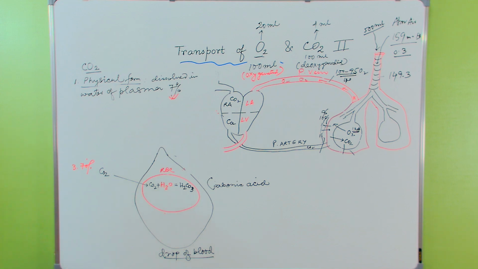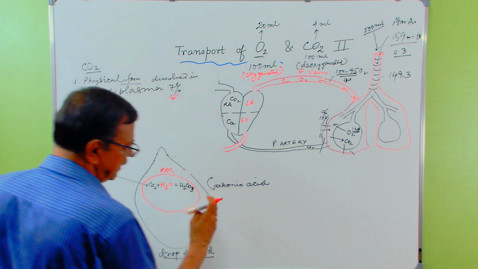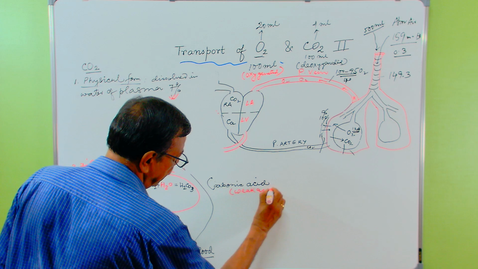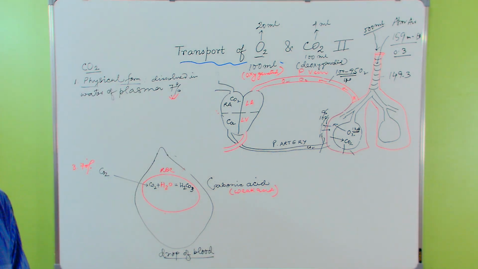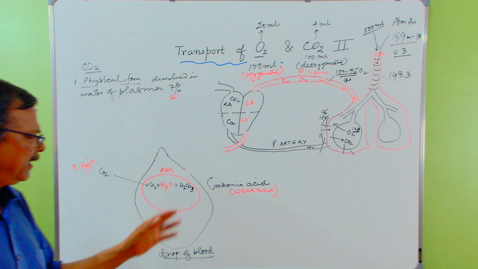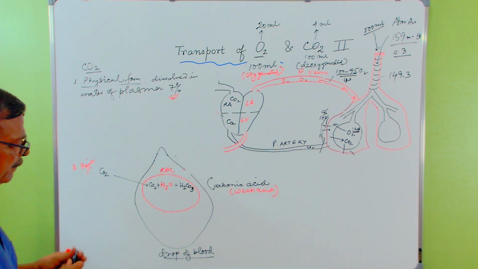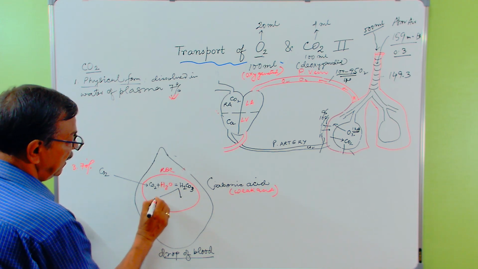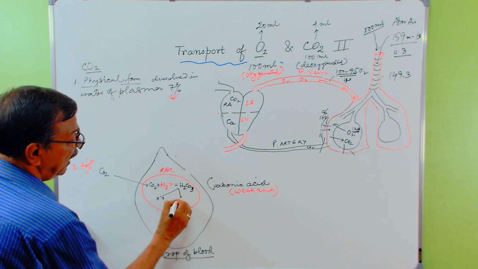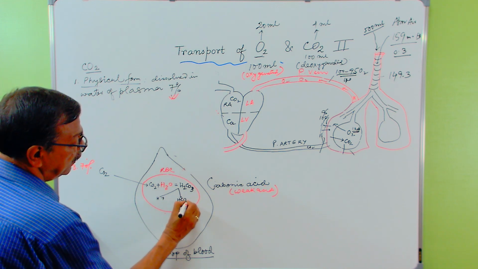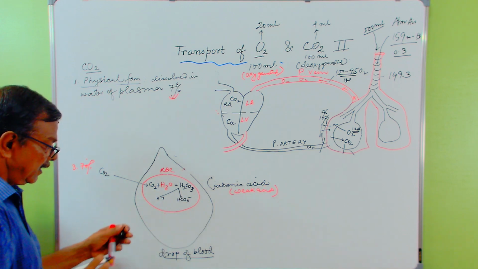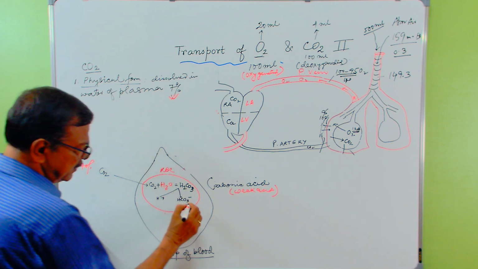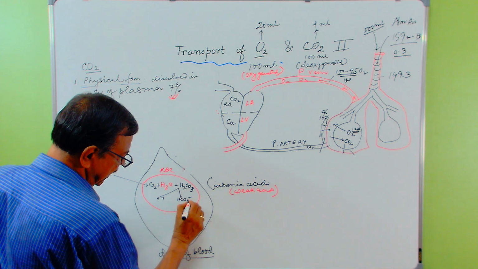It is a weak acid. It doesn't remain in this form. It breaks down or dissociates into H plus ion and HCO3 ion. Hydrogen ion and HCO3 is the bicarbonate ion.